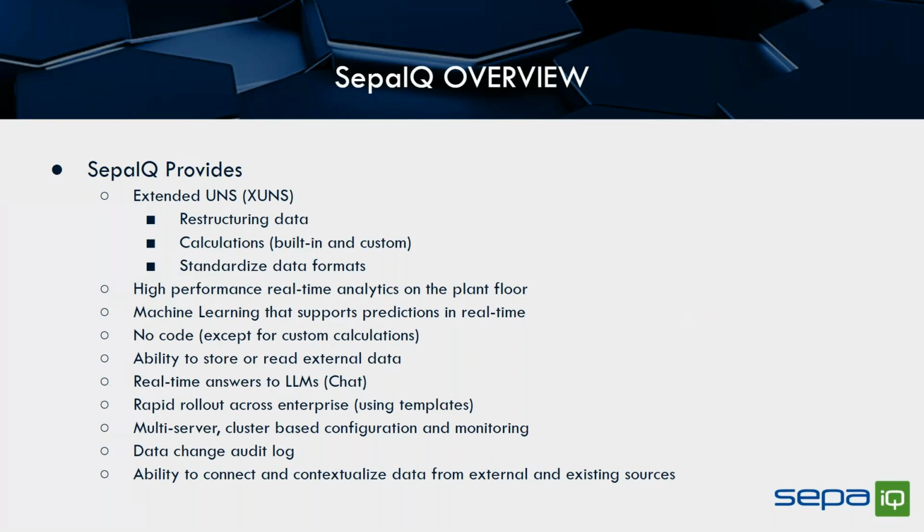And then mention that SepaIQ is a cluster-based architecture. It was designed from the ground up on that. So it can have multiple servers. You could have one, that's okay. But if you want redundancy, you put two. Or if you need more load and more redundancy, add 3, 4, go to 10 servers. Behind a load balancer, you only have to configure one.